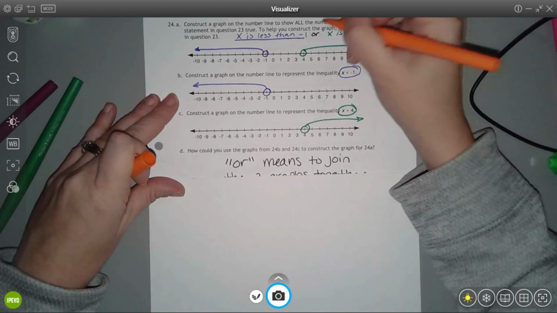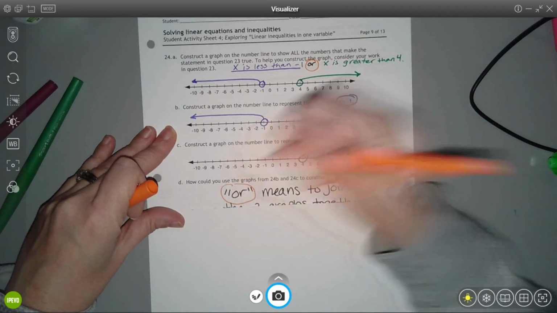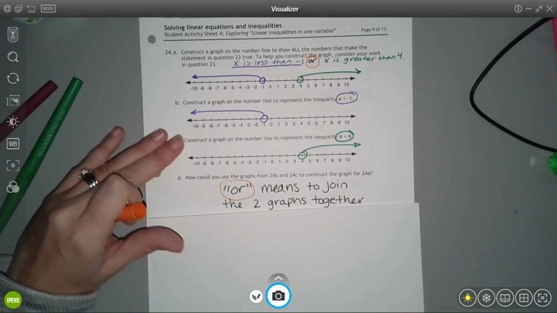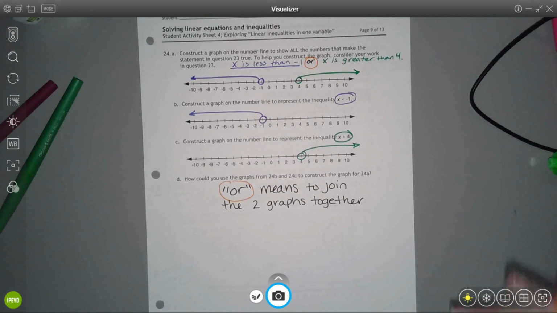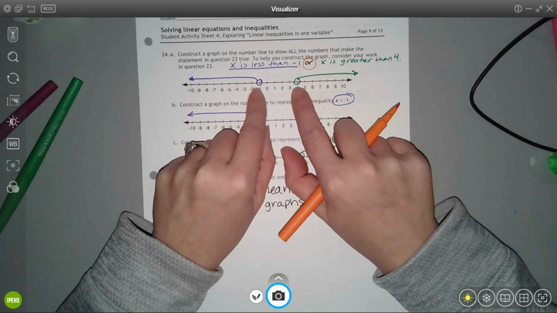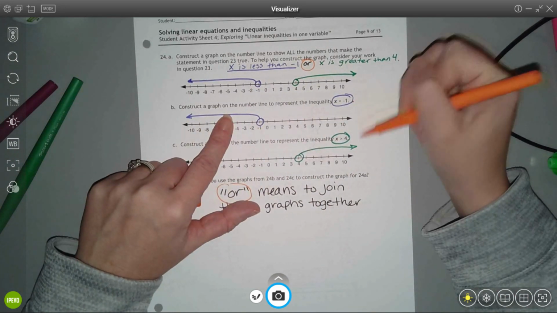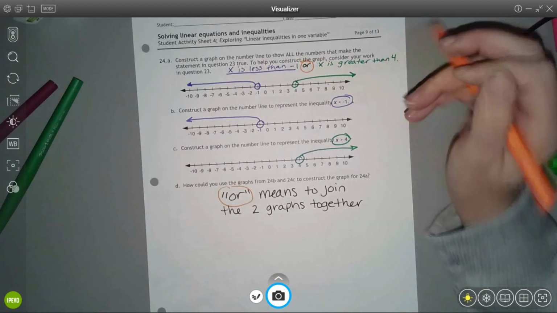Because they give us this fancy word of or, that means to join the two graphs together, okay? The word or means to take each statement and put them on one graph. So we took our first statement, we took the second statement, and we put them together for the third.